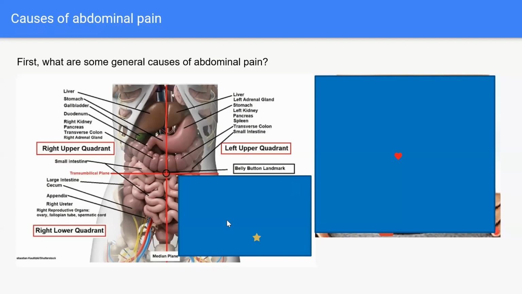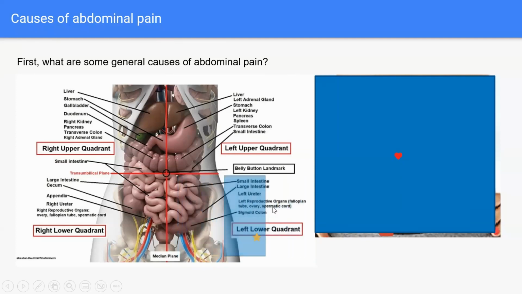So this left lower quadrant specifically, here we've got the rest of the colon, some of the reproductive organs, if you're specifically talking about somebody that is a sex of female at birth, the ovaries are in both the left lower quadrant and the right lower quadrant. So that's something to consider too.